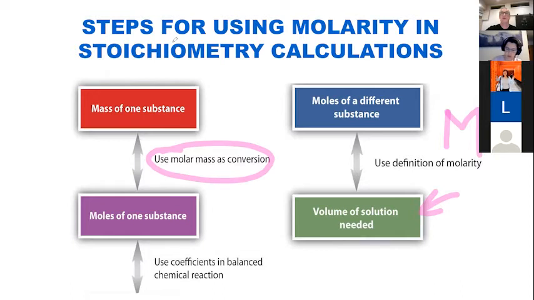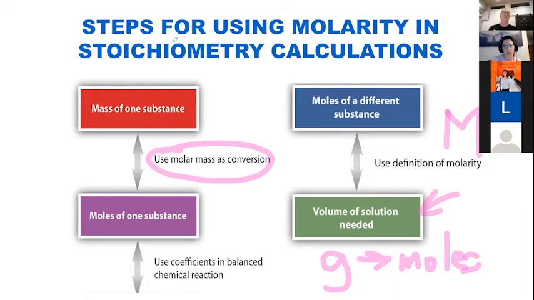And so that's basically a shortcut, because if we have molarity, that work of converting grams to moles has already been done. So if we have a solution, we don't need to look up the molar mass of hydrochloric acid or aluminum nitrate or whatever it is that's dissolved in solution.